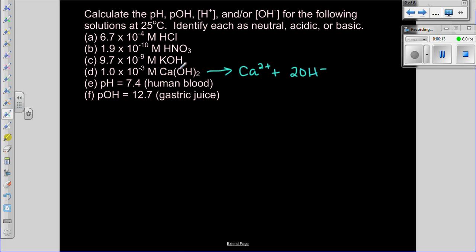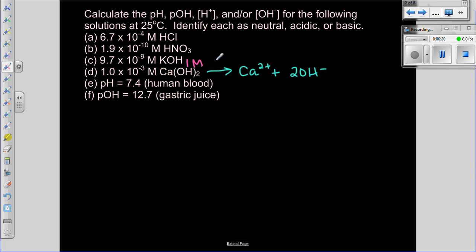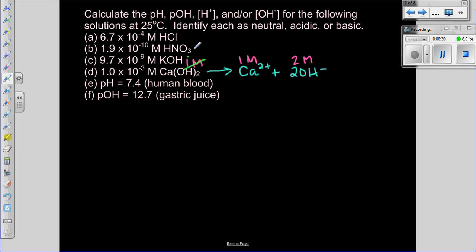Thinking back to what we did last semester, if my calcium hydroxide were 1 molar, that would mean my calcium ion was 1 molar and my hydroxide ion was 2 molar. Likewise, if calcium hydroxide were 0.5 molar, then our calcium ion would be 0.5 molar because it's the same molar ratio, and then hydroxide would be twice as much, 1 molar.